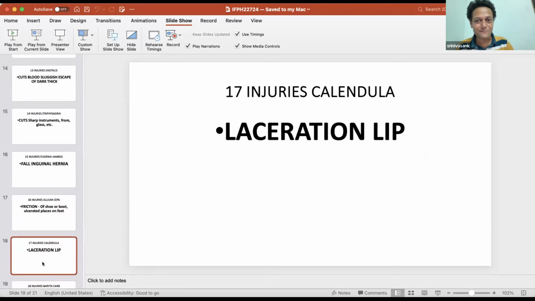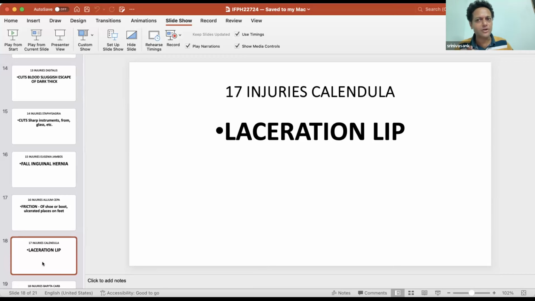Case number 17. One favorite, laceration of the lip: Calendula internal medication, not mother tincture topically or calendula ointment. No. Internally also, the bleeding stops quickly, the hematoma dissolves very, very quickly.